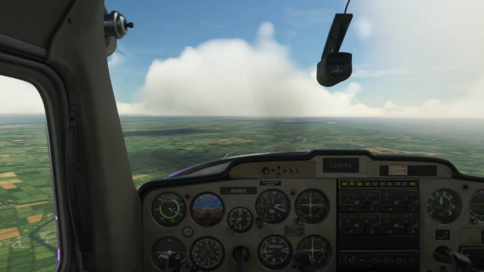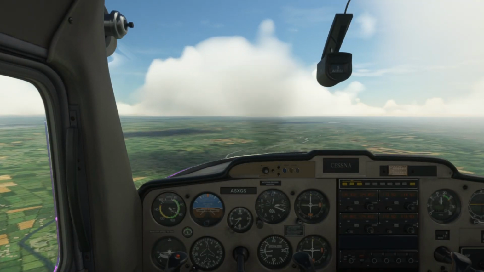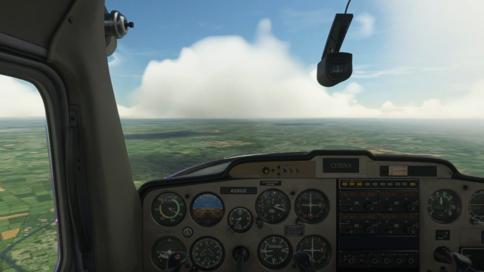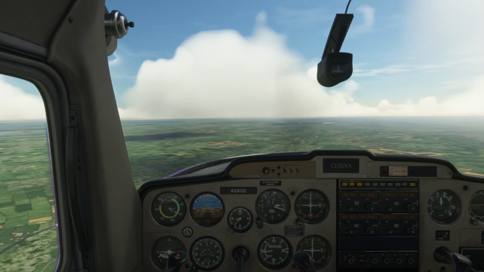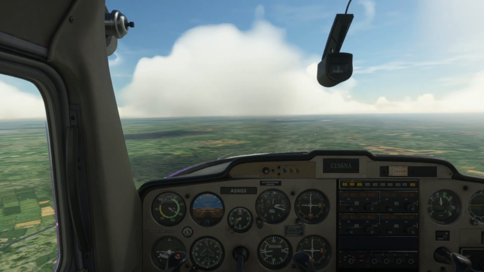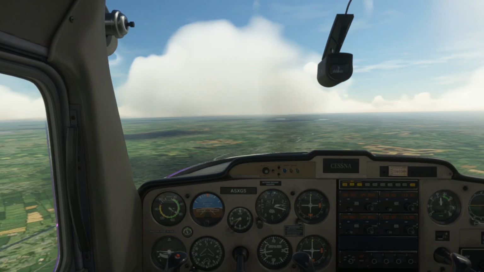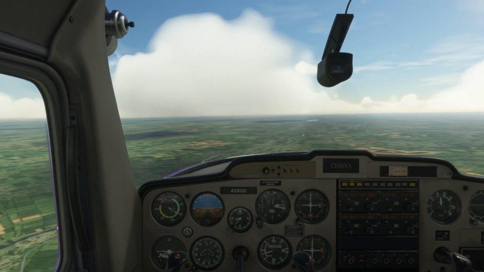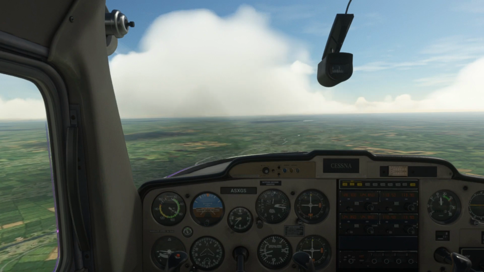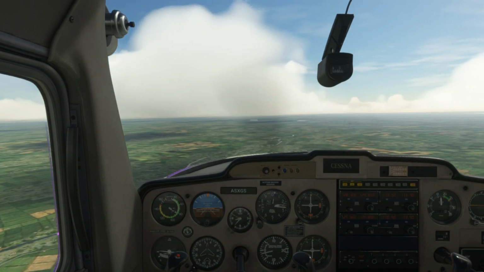Now we're going to have to slow down, and once you start slowing down, you can see that the nose of the aircraft slowly will start to drop down. You have to trim the aircraft again in order for it to stay level for now and start to descend at the rate that you want it to descend.